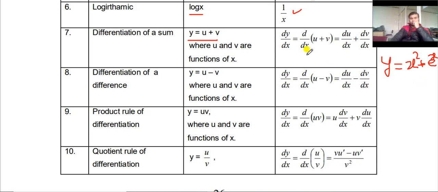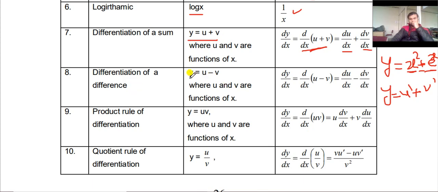The differentiation of the sum of two functions u and v is du upon dx plus dv upon dx. Firstly we differentiate x square, then we write the plus sign, then we differentiate e to the power x. We also write it as y dash is equal to u dash plus v dash, where u dash means du upon dx and v dash means dv upon dx.